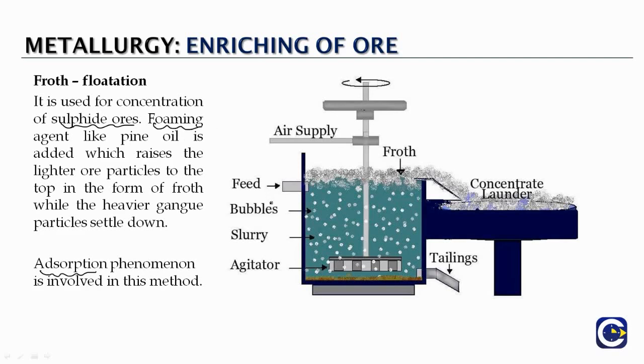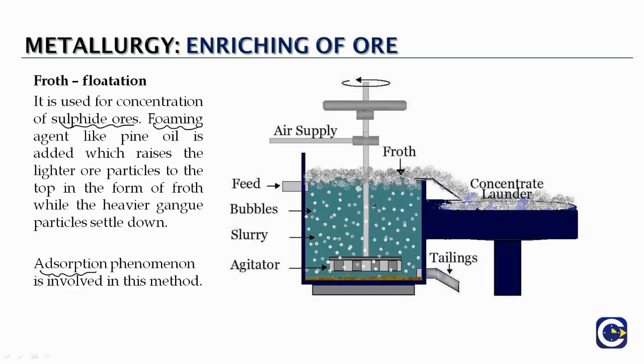So as we are pumping in the air and creating the agitation inside this froth flotation chamber, we will be able to create the foam if we are using an oil like pine oil. And the fact that helps here is the sulfide ore particles get wetted by the oil more than the water, whereas the gangue particles will be wetted by the water.